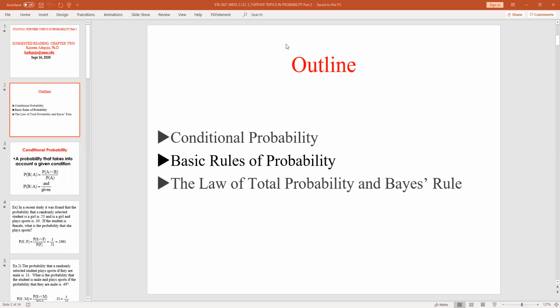The moment you are able to identify from a question whether it is about independent events, mutually exclusive events, non-mutually exclusive events, or conditional events, it's going to be so easy. And that is the reason why you need to figure that out first.